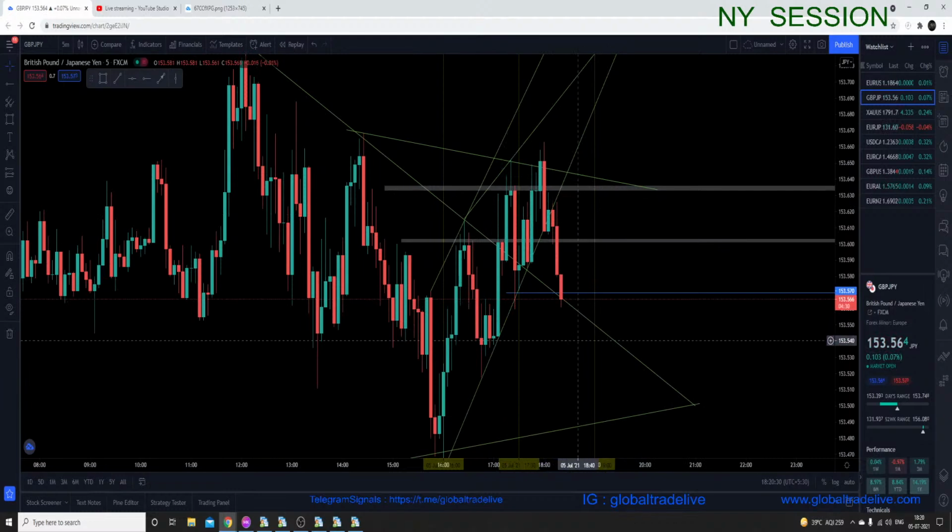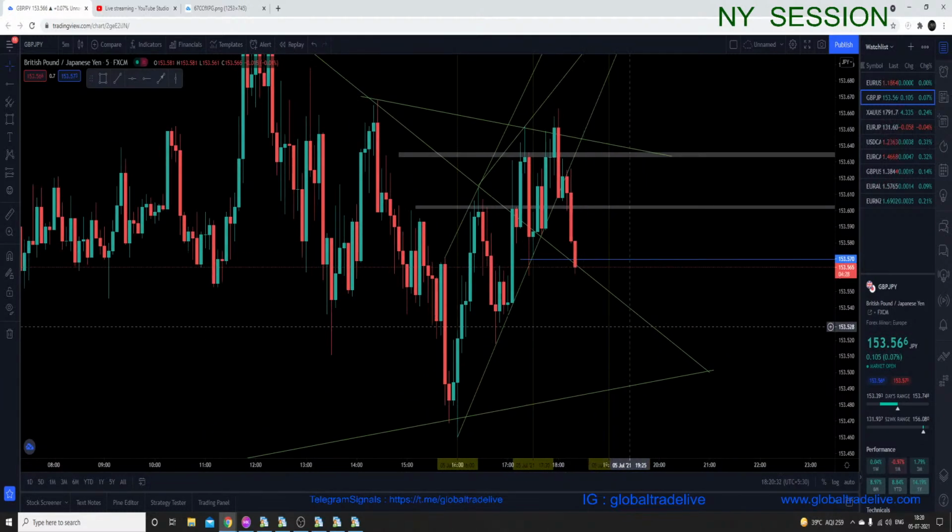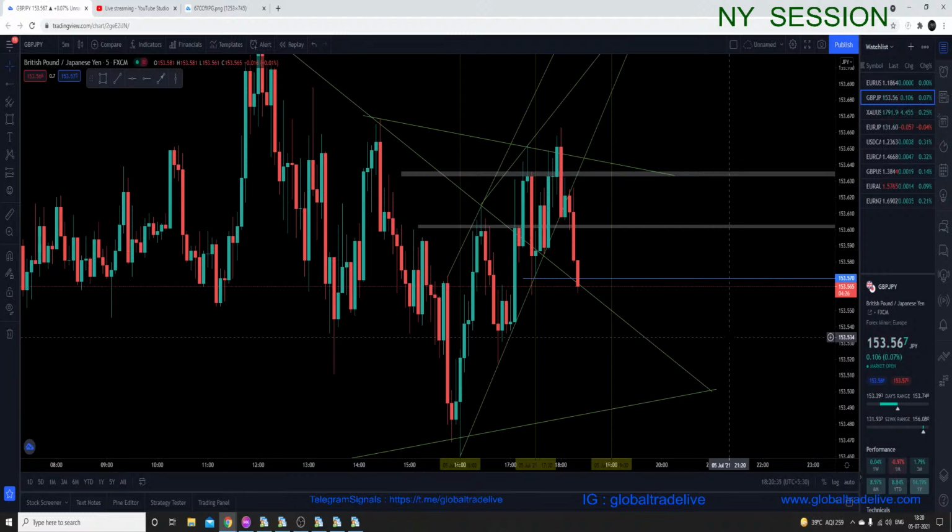Okay, so it just broke the low at this point. Now let's see what will happen. I was about to execute the trade at this point, but I'll wait. I'll wait here, because now in the last 10 minutes I don't think that it can make a huge move.